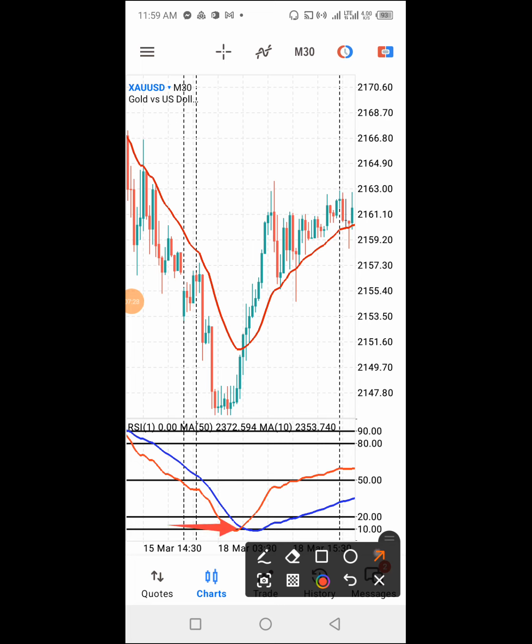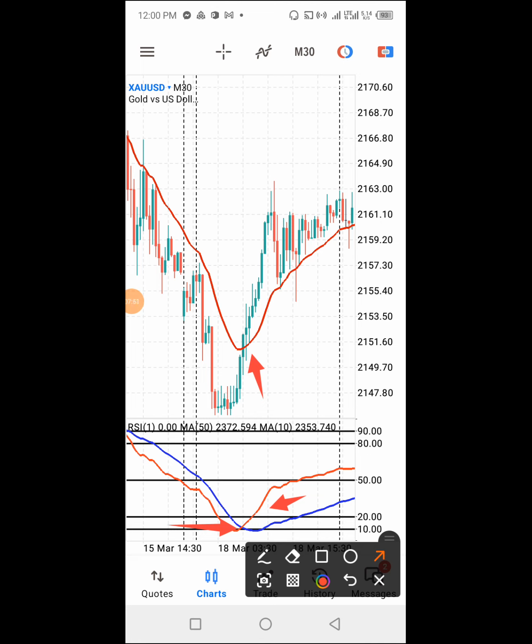While in the main chart, we want to see price cross above the moving average 50. Exactly. This is for the buy setup. We want to see price cross above moving average 50, and immediately your moving average 10, which is the red one, cross above level 20, you open for buy. Then you hold. When you make good profit, you get out of the market.